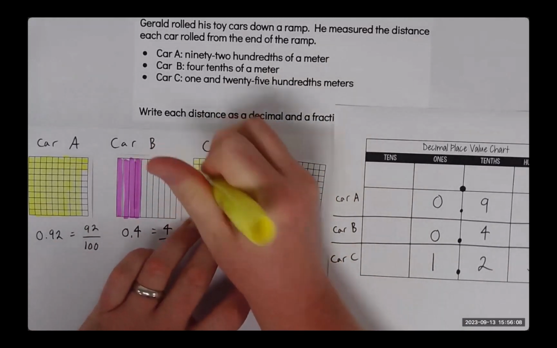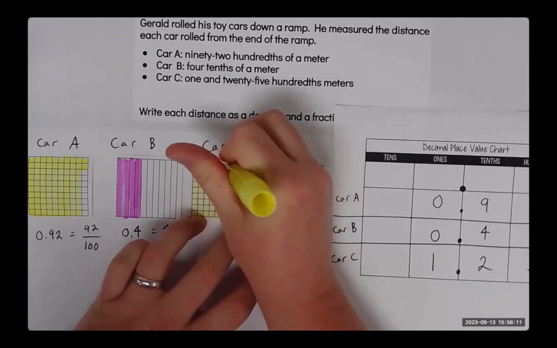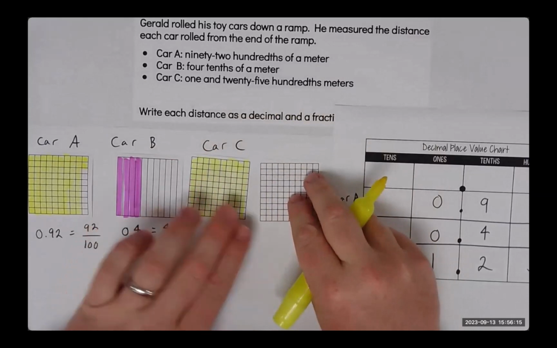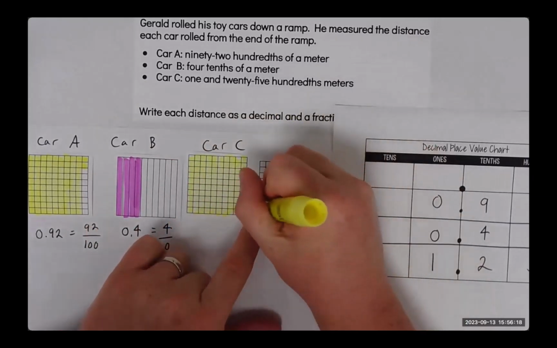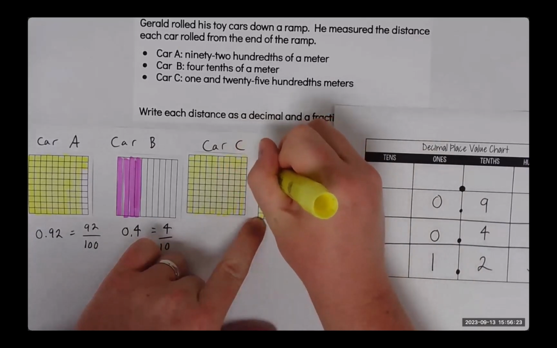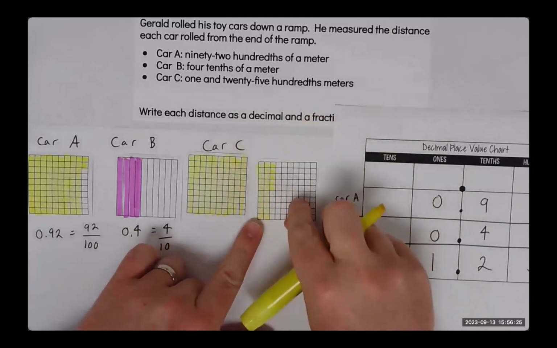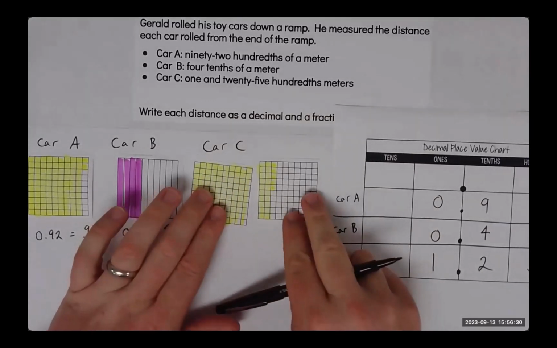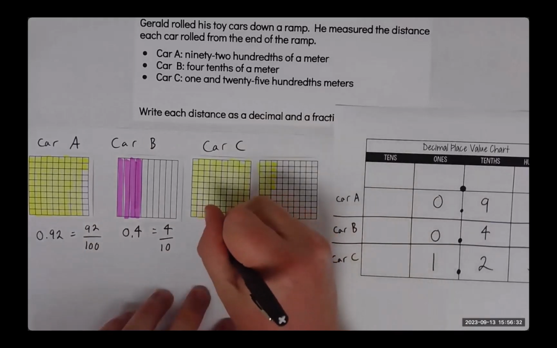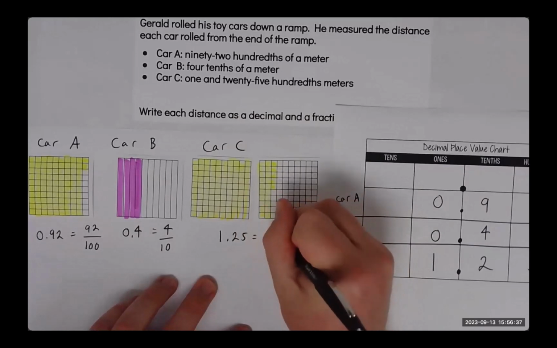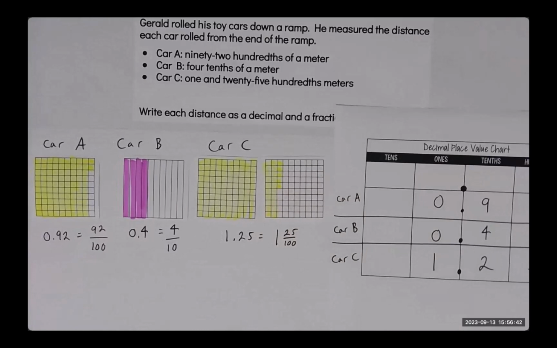So I'm going to shade in 100 hundredths or 1 whole decimal grid. And I'm going to need to shade in 25 hundredths more in the second decimal grid. So now I can write this as a decimal and as a fraction. To write this as a decimal, I can write this as 1 and 25 hundredths, or 1 whole and 25 hundredths more. And as a fraction, I can write this as 1 and 25 hundredths using a mixed number.